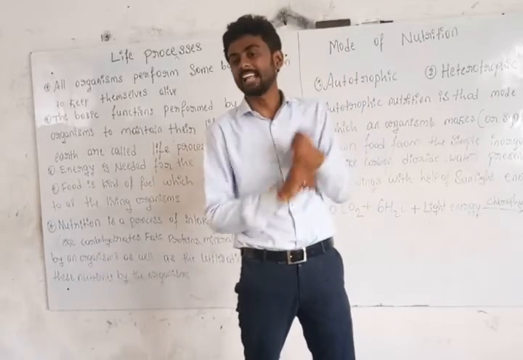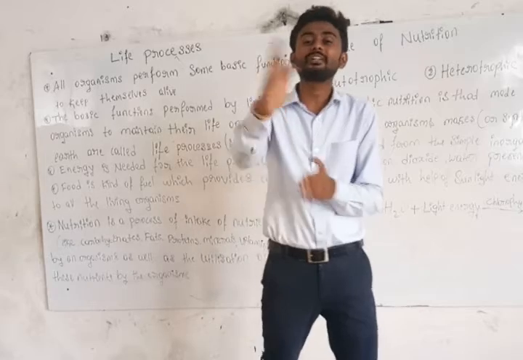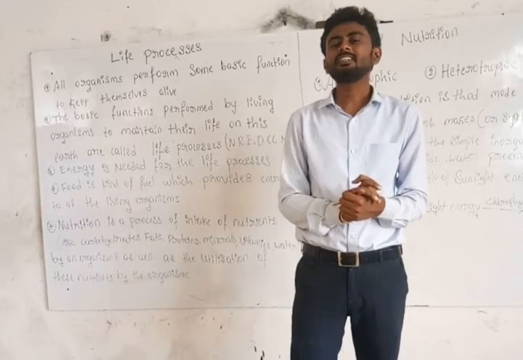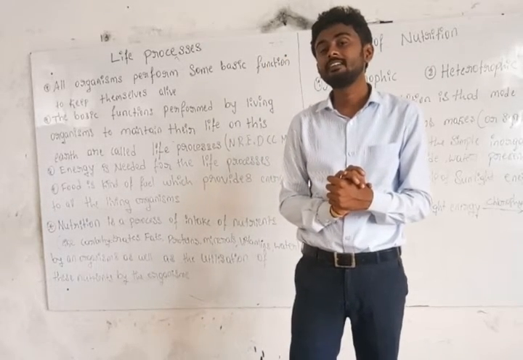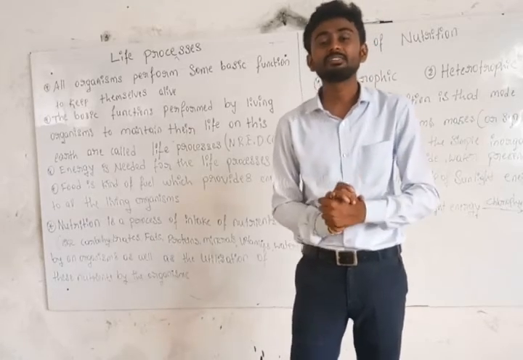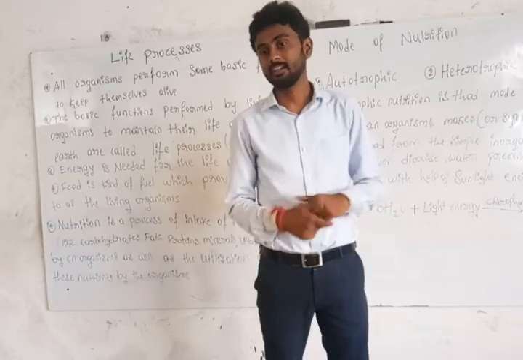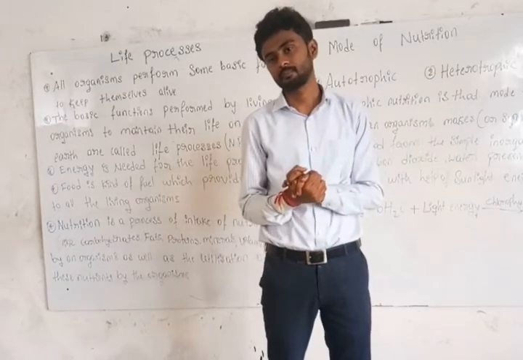By using that sunlight and also in the presence of chlorophyll pigment. The chlorophyll pigment is green in color. It is very useful in the preparation of food, in the photosynthesis process.